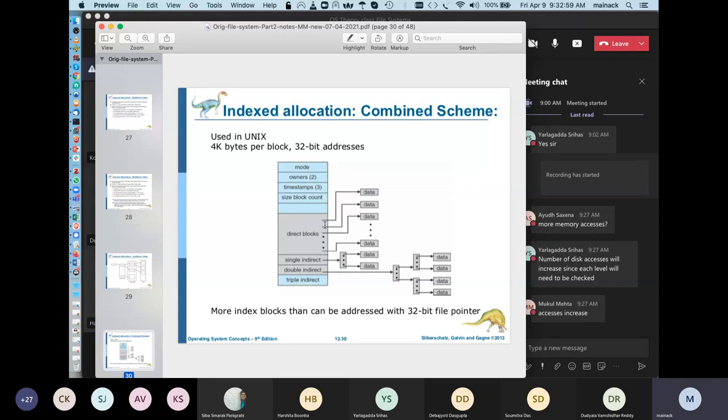If you have total say n blocks addressed, there would be 3 stored for going through multiple levels of index tables. So you have n minus 3 direct blocks.